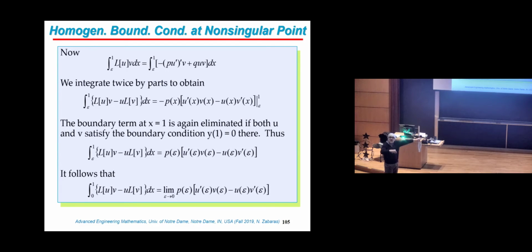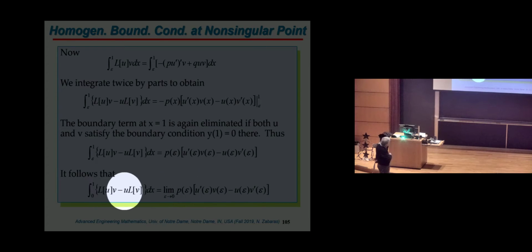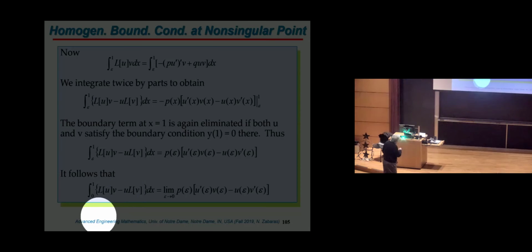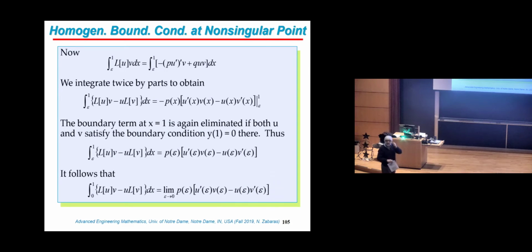It's 0 plus, a number close to 0 but on the positive side. So for the Lagrange identity to be equal to 0, and then to actually show that you can expand on the eigenfunctions of the singular Sturm-Liouville problems, this limit as epsilon goes to 0 has to be equal to 0. All right, the limit has to be equal to 0.